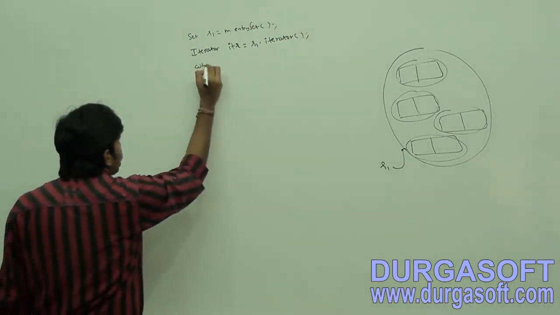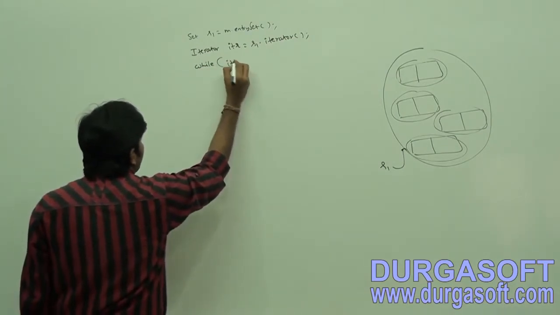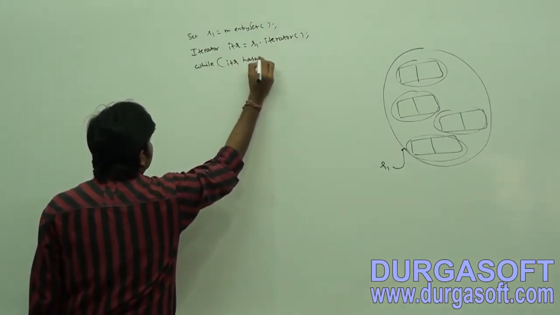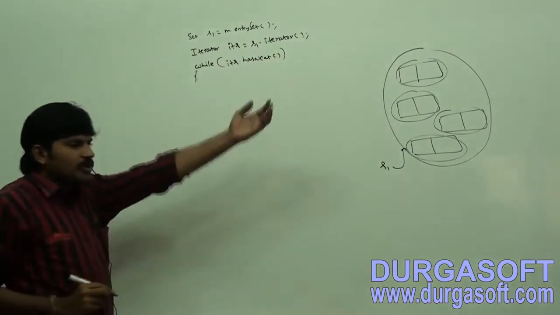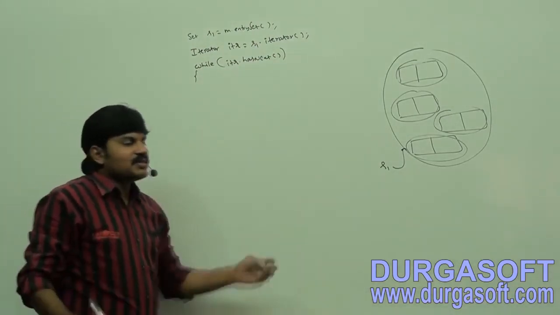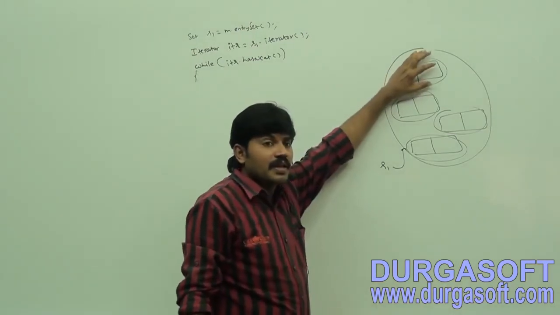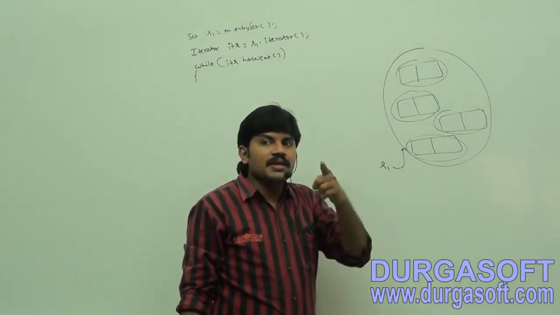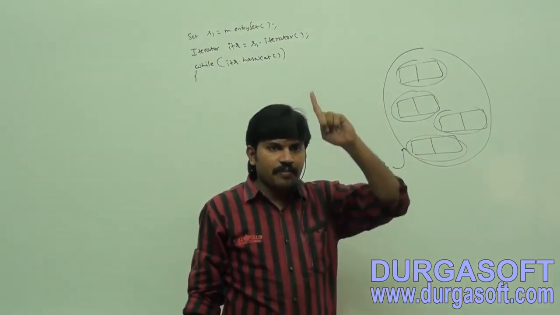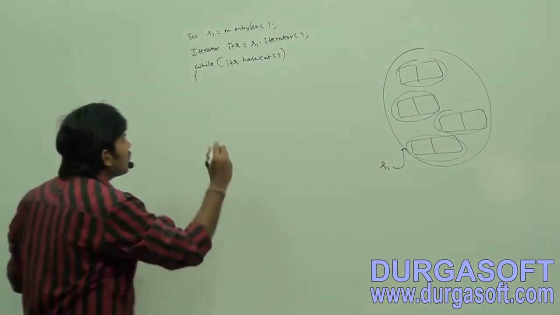While, what is the next code? While itr dot hasNext. If the next element is there, can you please provide that next element? But what type is this next element? Entry type. Entry is an inner interface present inside the Map interface, that's why outer dot inner.